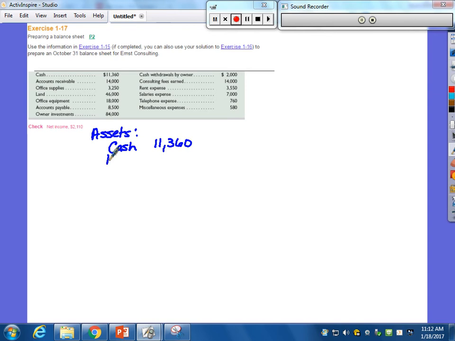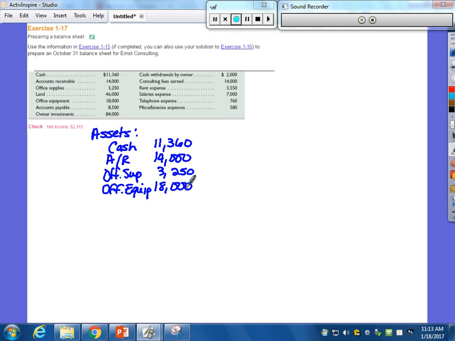Accounts receivable, 14,000. Remember that order of liquidity? Office supplies, which is 3,250. What's next? Office equipment, which is 18,000.